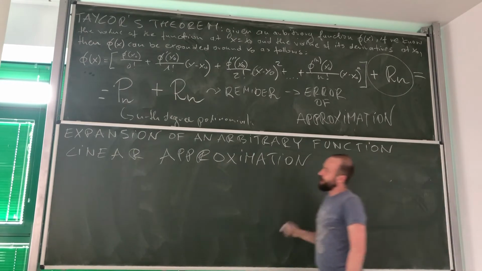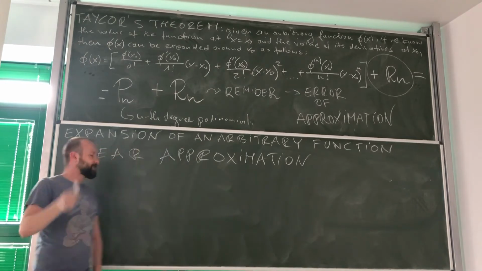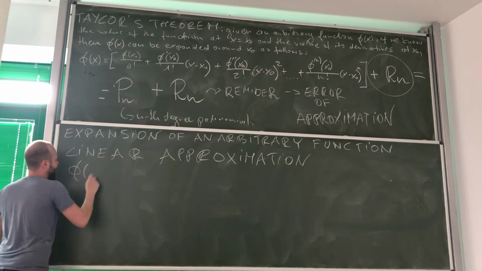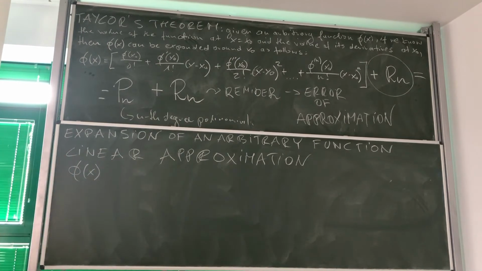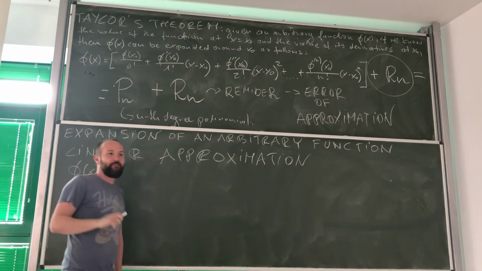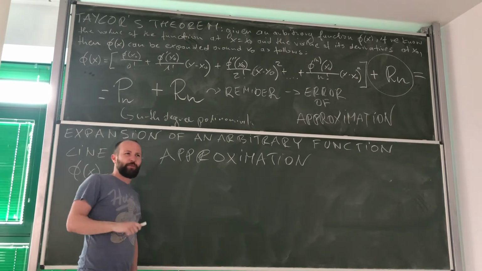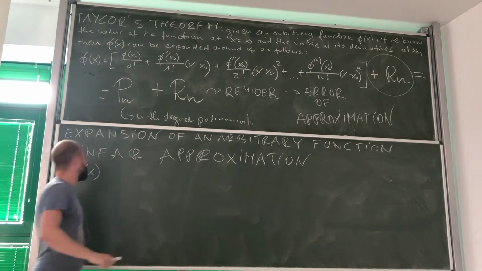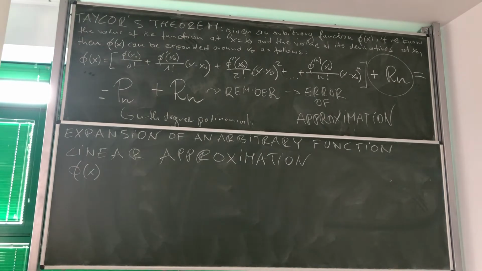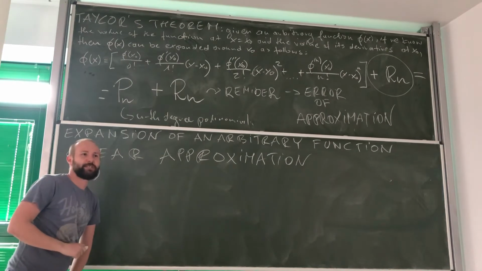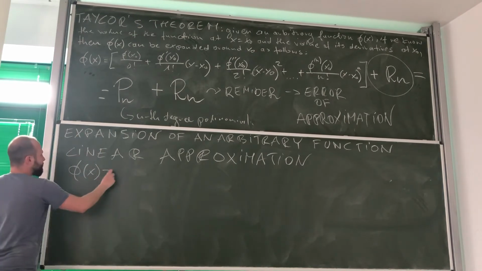This means that if phi of x is, let's just say, some very complex function, I think that it's too complex, it's hard to deal with, and maybe it's not necessary. Why not make it into a simpler function, right? How would we do it?